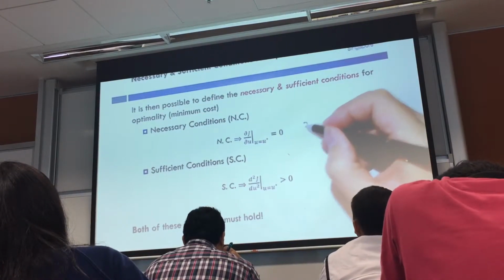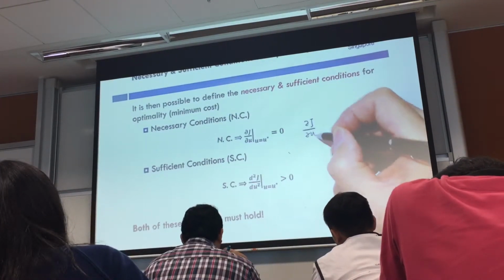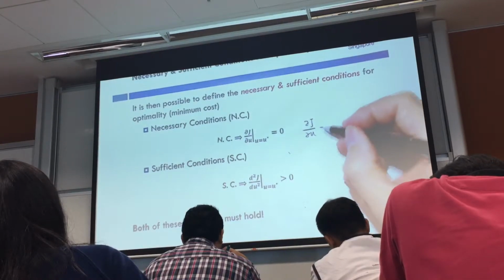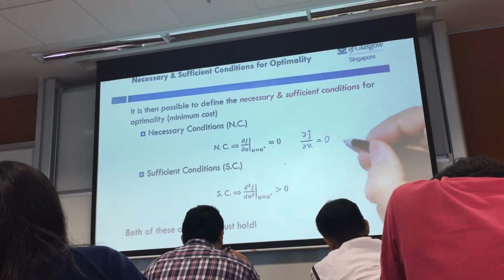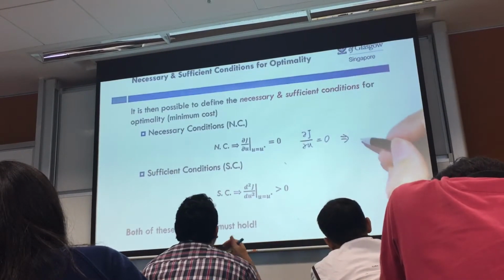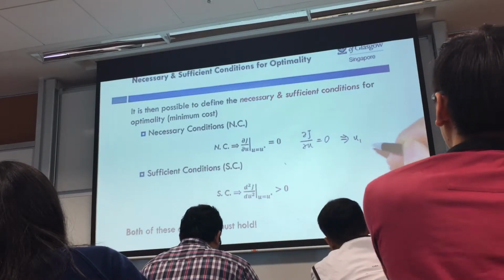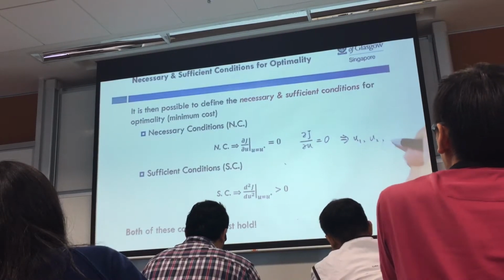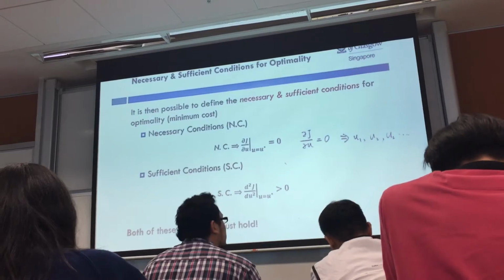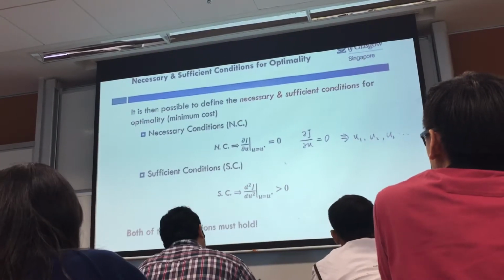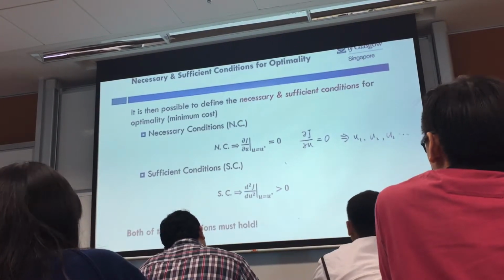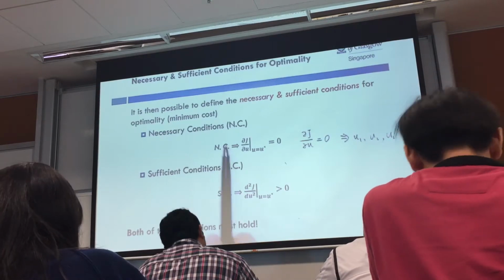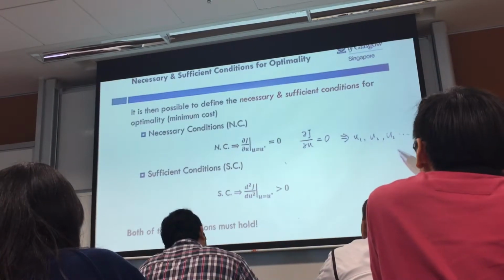You evaluate this dJ/du and set it equal to 0. Hopefully this will give you a set of solutions, u1, u2, u3, something like this. So the necessary condition is to determine these potential locations.